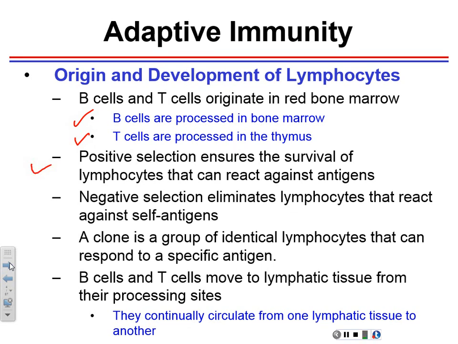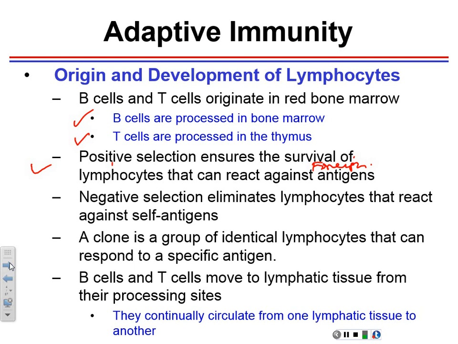when these B cells and T cells are being made, okay, positive selection is selecting B and T cells to survive that attack foreign antigens. All right. So that's positive selection. You will select for the ones that will attack foreign antigens, right? Because you want that.